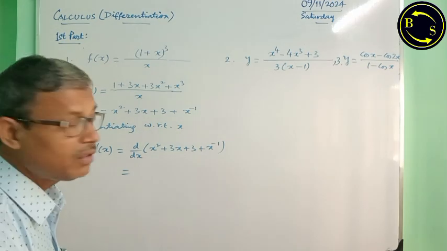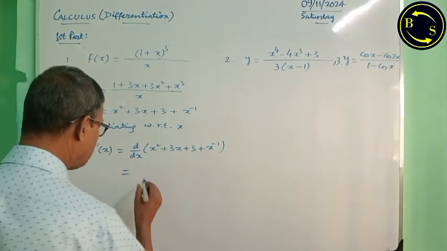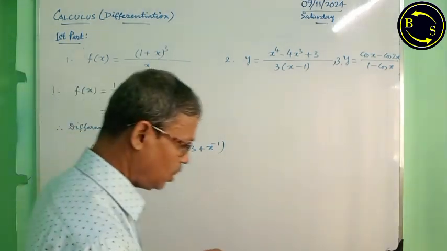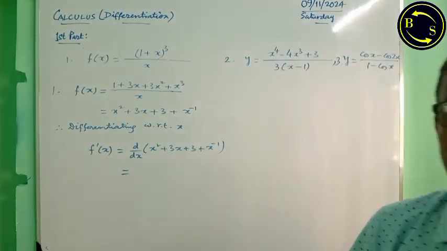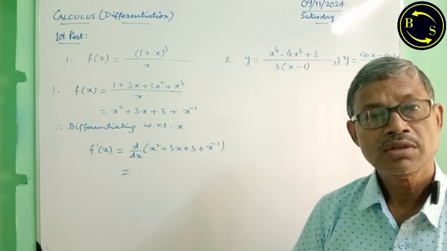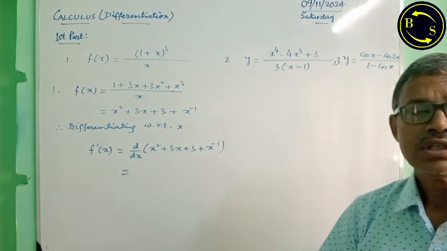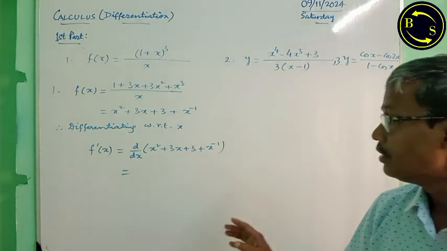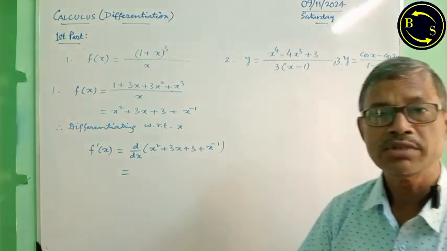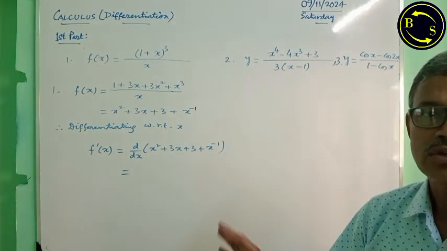Now I apply the fundamental theorem: d/dx of u plus v is equal to du/dx plus dv/dx. We can apply that for more than two functions also. Say u plus v plus w plus dot dot dot, then that will be equal to du/dx plus dv/dx plus dw/dx plus dot dot dot.